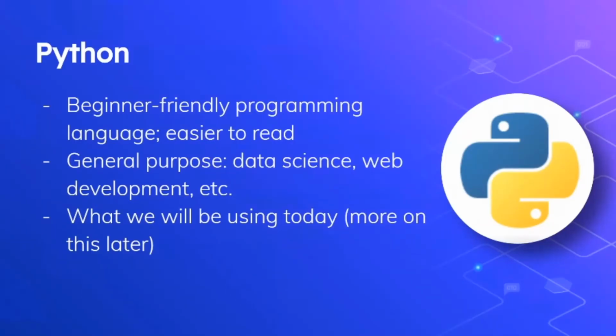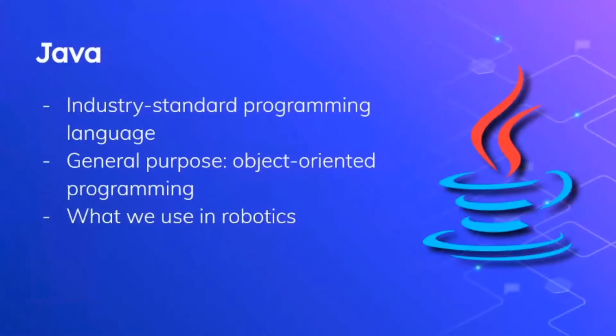So just as a reminder, we were initially planning on using Python, which is very beginner friendly and easy to read. Additionally, it doesn't have as many syntax rules. I went over the slide last time. There's also Java. It's the industry standard programming language generally. It's object-oriented. So essentially what that means is you can assign characteristics of different files to new files. We'll probably go over this more in depth in a future lecture.